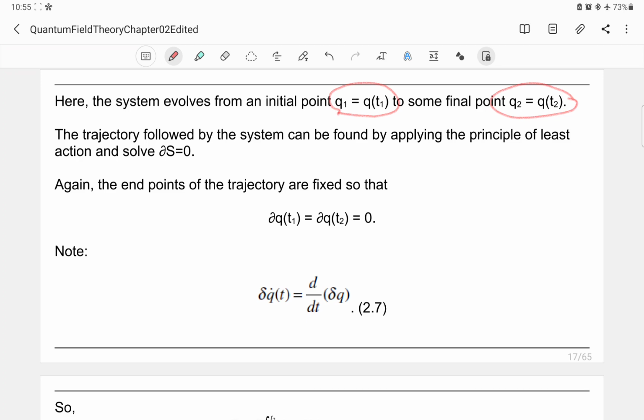So again, I made a mistake here. This is supposed to be delta S. The trajectory followed by the system can be found by applying the principle of least action, and so delta S is equal to 0. So again, we have to set the endpoints to be equal to 0.